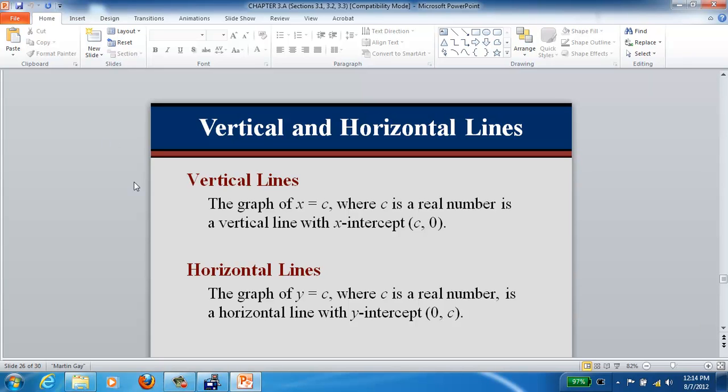Vertical and horizontal lines. A vertical line is the graph of x equals any real number, and your x-intercept is (the number, 0). A horizontal line is when y equals a real number, and the y-intercept is (0, the number).